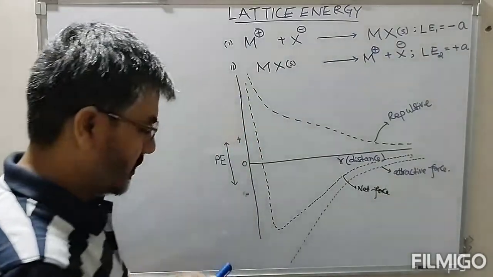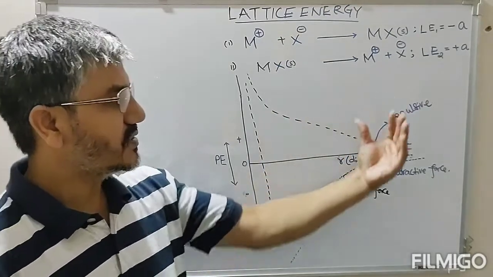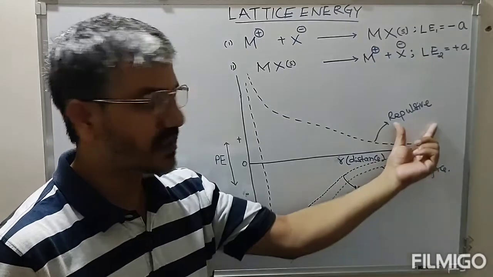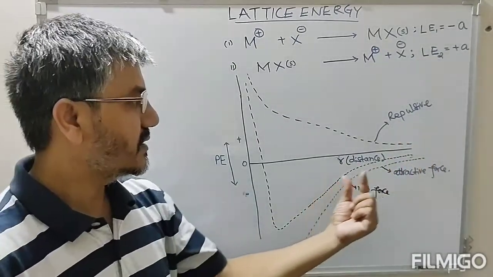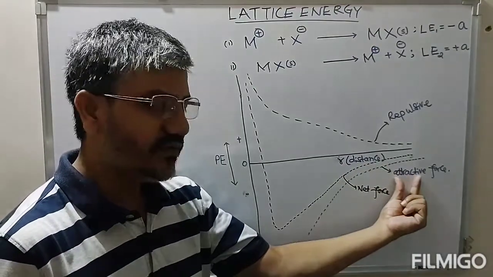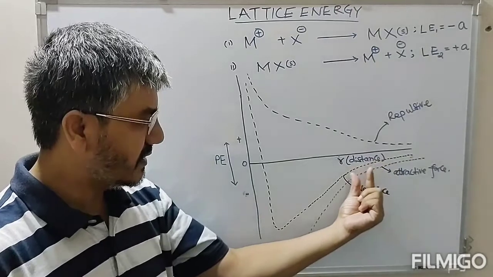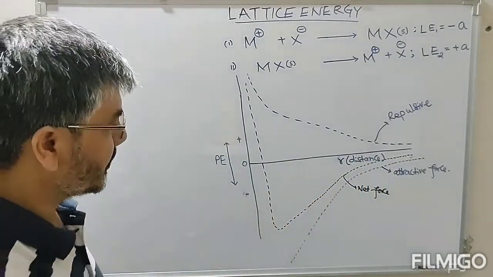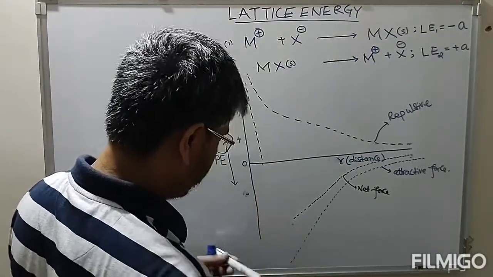Now if you look at this, why is this happening? Comparing the repulsive force and the attractive force, the attractive force dominates over the repulsive force. So as the distance decreases, since the attractive force dominates, the energy continuously decreases, and at this particular point the energy reaches the minimum value.